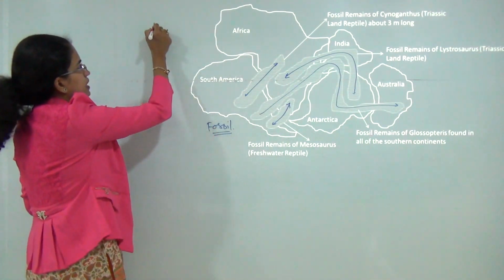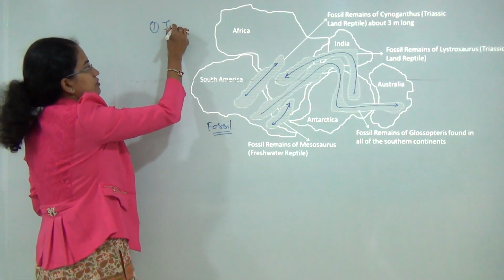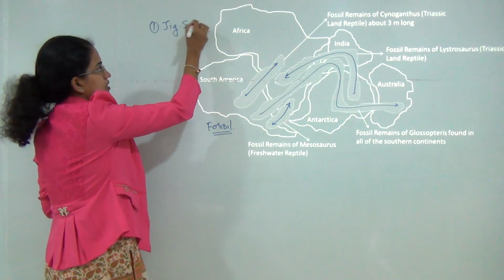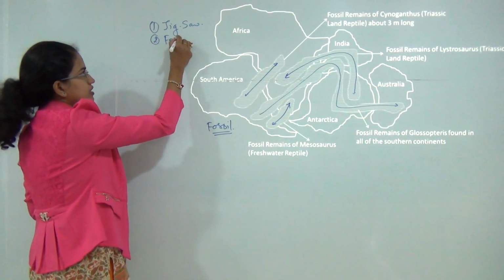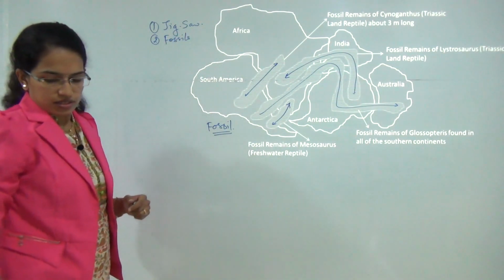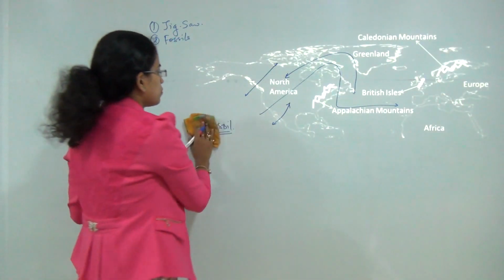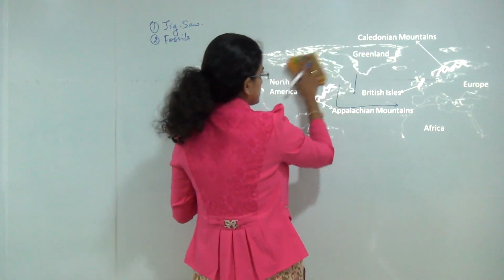So the first evidence that we talked about was the fit of continents, or the jigsaw pattern. The next evidence was the fossils. The third evidence was similarity in the rock structures.